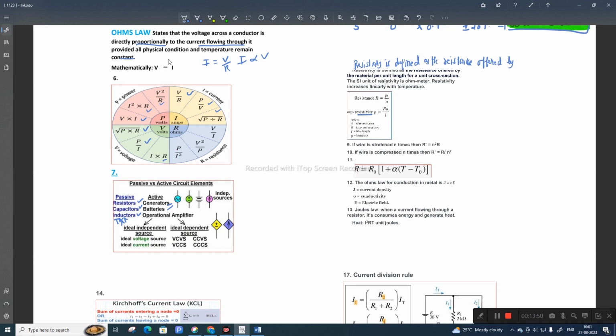The SI unit of resistivity is ohm meter. Resistivity increases linearly with temperature. Very important point.